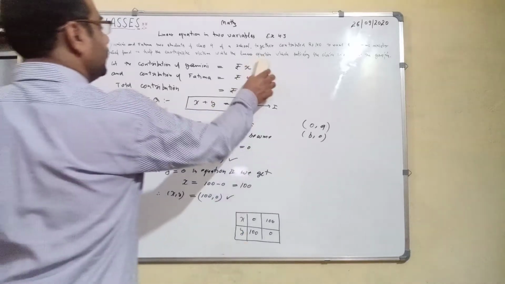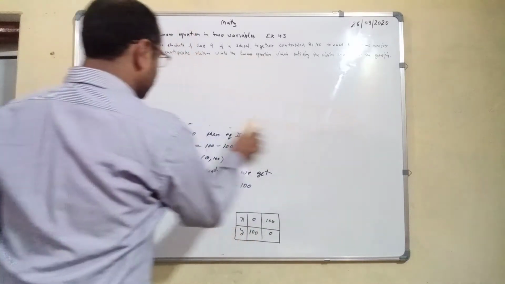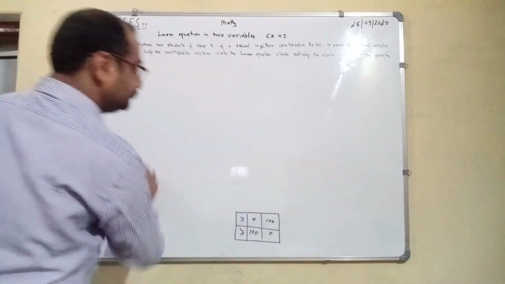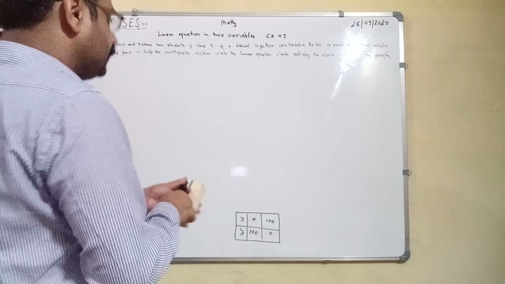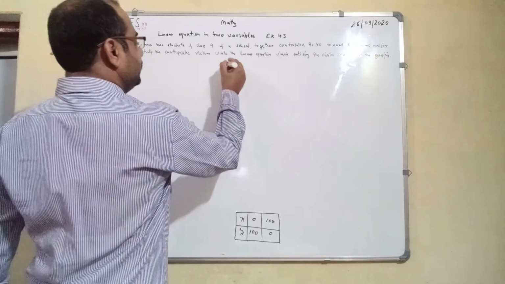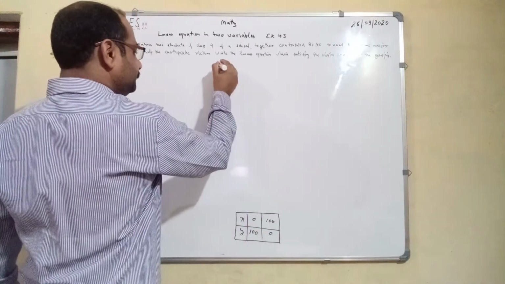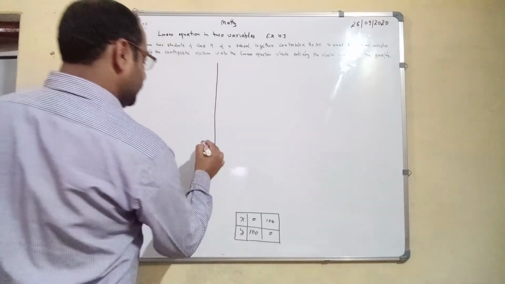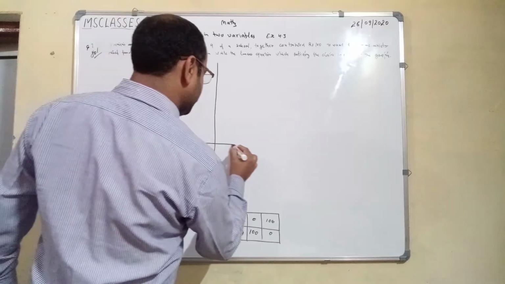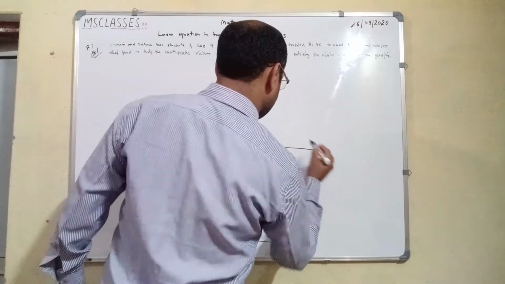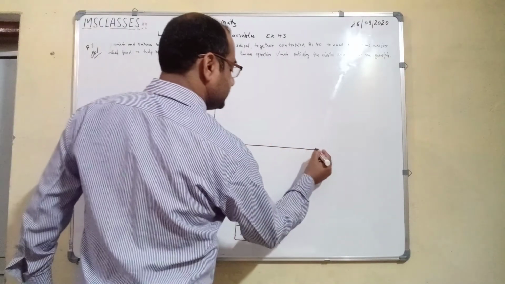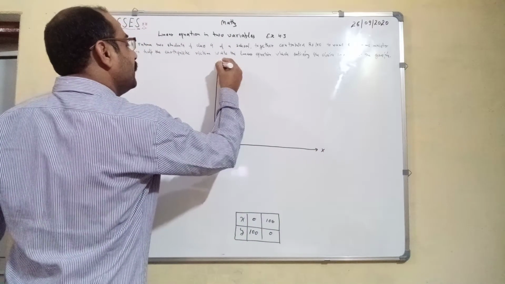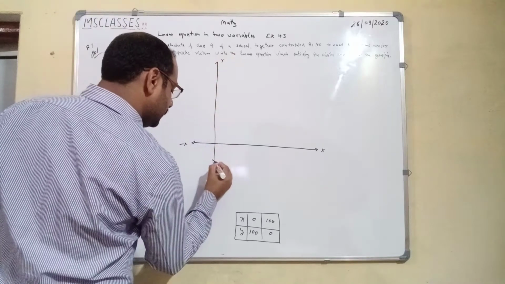Now we have to make a Cartesian plane, and on the Cartesian plane we have to plot the graph. So this is our x axis, this is our minus x, this is y, this is minus y.